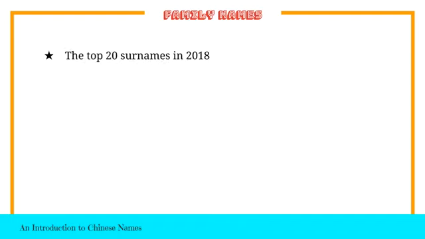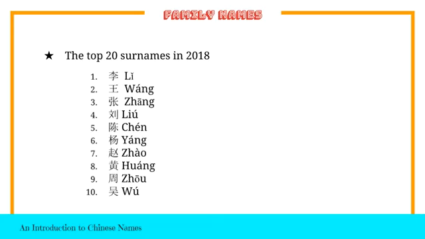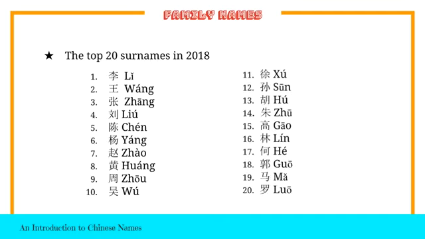And the top 20 Chinese surnames in 2018 are Li, Wang, Zhang, Liu, Chen, Yang, Zhao, Huang, Zhou, Wu, Xu, Sun, Hu, Zhu, Gao, Lin, He, Guo, Ma, Luo.